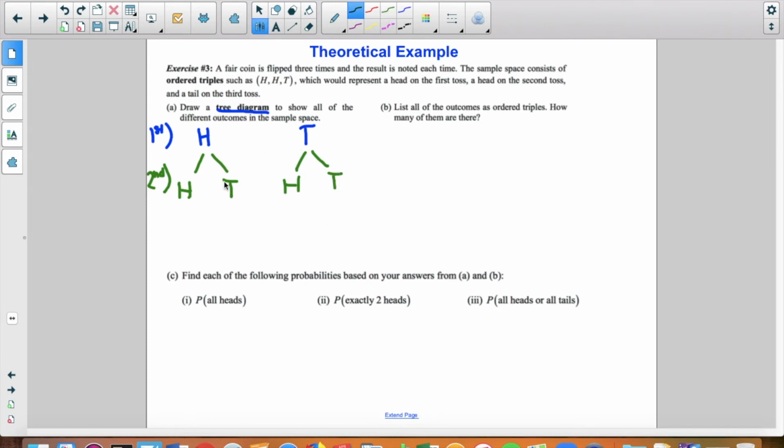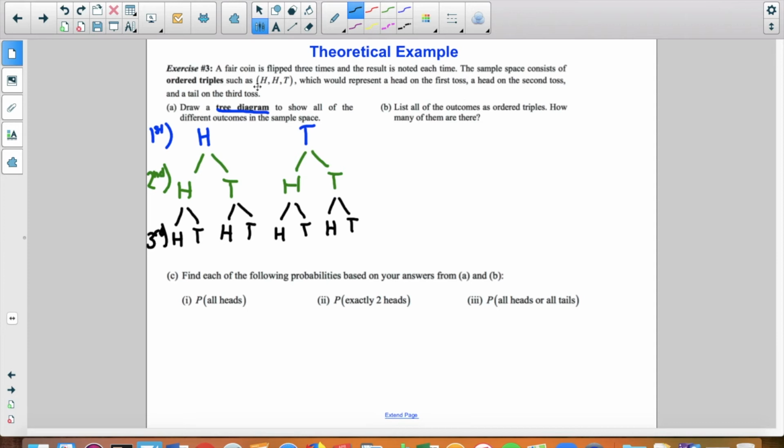Now, for your third toss, the same will apply. You can either get a heads or a tails. For this one, you can either get a heads or a tails. And the same applies for all of these. Okay? So this is what a tree diagram is. It lists out all the possible outcomes.